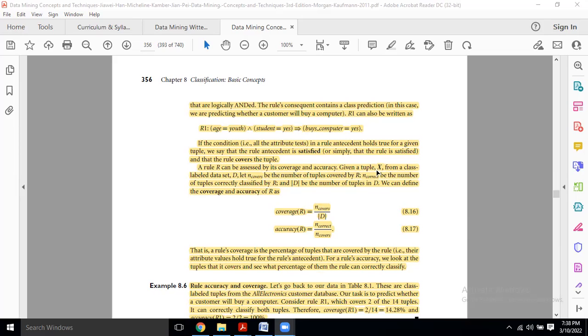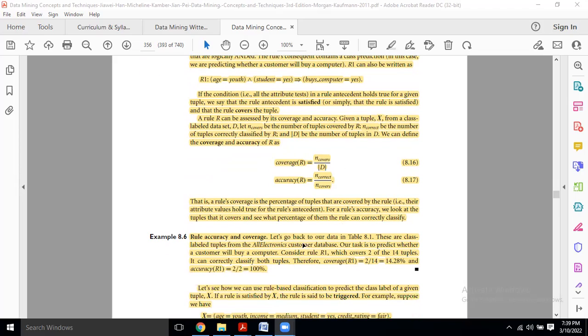If we are given a tuple from the class-labeled data set D, and the rule covers n covers number of tuples, and the total number of tuples is D, then the coverage can be defined as n covers divided by D. And the accuracy of the rule is found by n correct over n covers, where n correct is the number of tuples the rule has classified correctly.